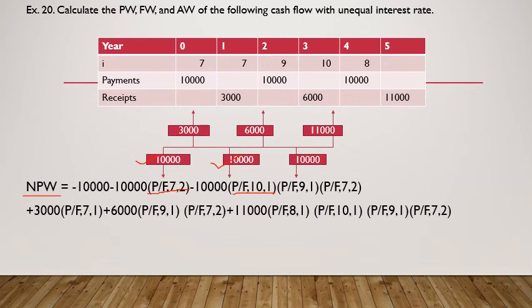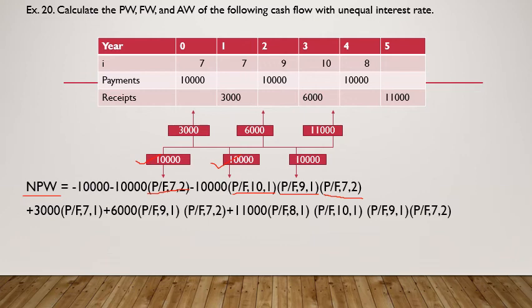Then I convert that into P at t equal to 2 using the factor P by F comma 9 comma 1, because between 2 and 3 it is 9%. From t equal to 2 to t equal to 0 I can convert directly, because the interest rate is common at 7%, using the factor P by F comma 7 comma 2. The same methodology is adopted even for receipts also.